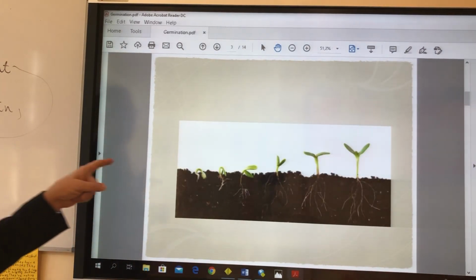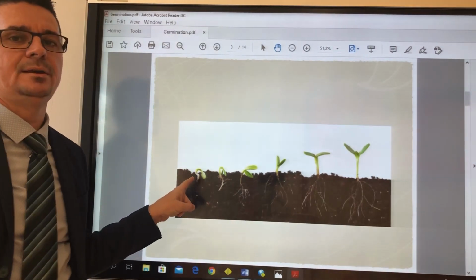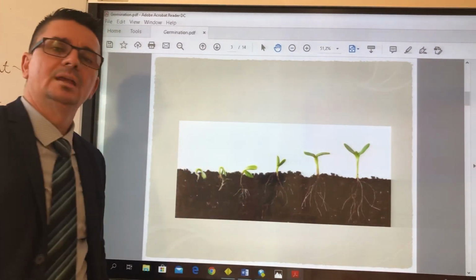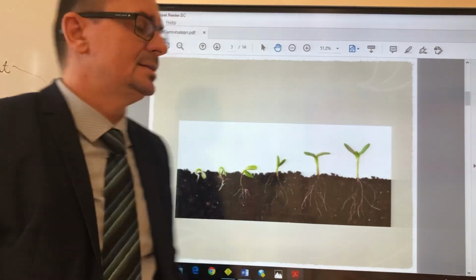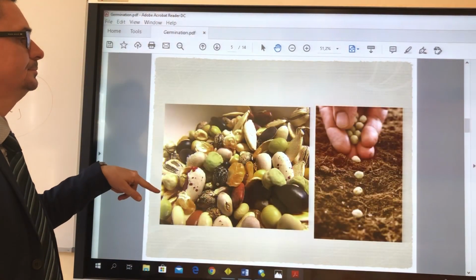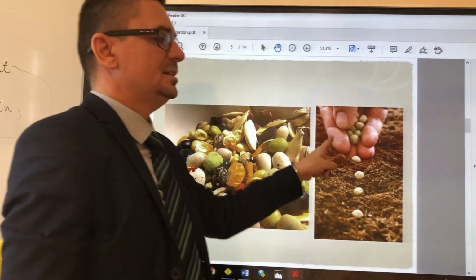So, can you remember what we called this part here? Yes, that's an embryo. And can you remember what we call these tiny little leaves? Yes, cotyledons, sziklevelek. Okay. And this is what we mentioned here.